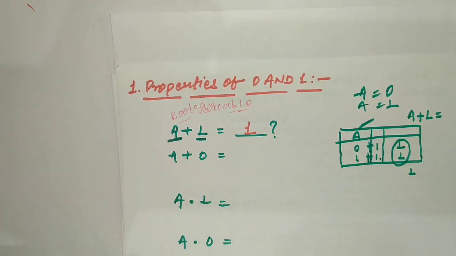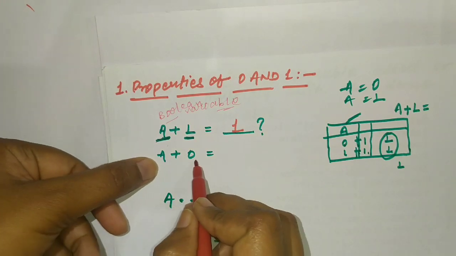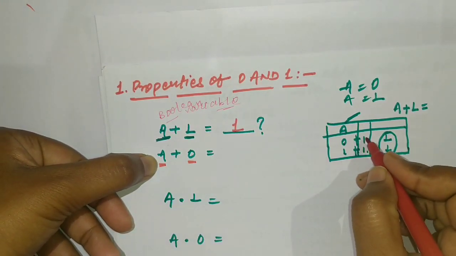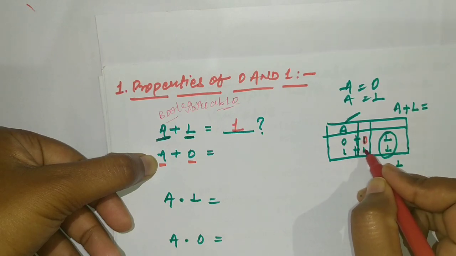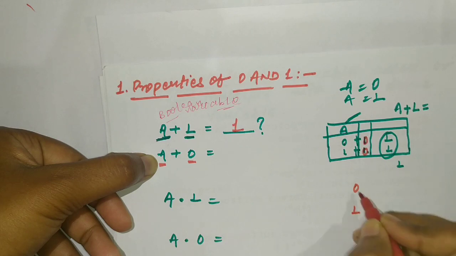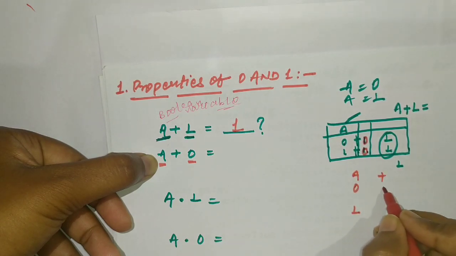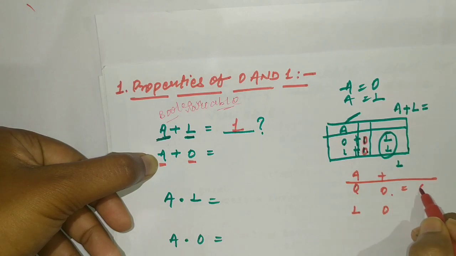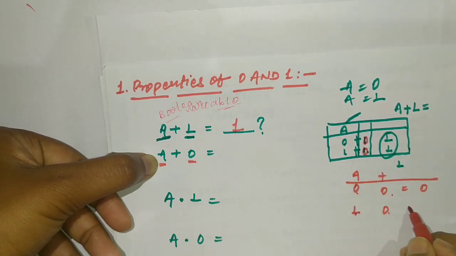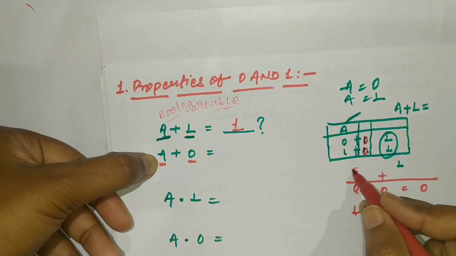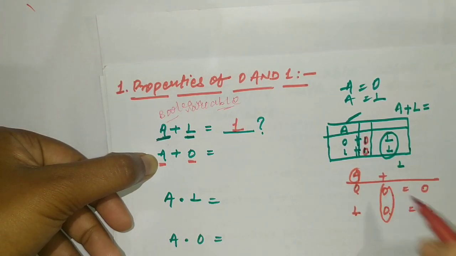Output is 1. Next, a plus 0, that means adding 0 to any variable. Suppose this is the input, add 0. What is the output? 0 plus 0 is 0. 1 plus 0 is 1. So if we add 0 to any variable, the result does not change.